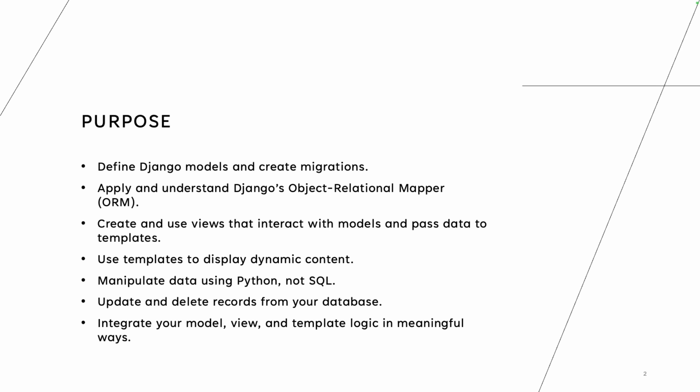Next, we'll manipulate data using Python, not SQL. We will learn to update and delete records from your database, and we will integrate your model, view, and template logic in meaningful ways. Remember, this is still a foundational week that sets the tone for almost everything else that you'll do in Django.